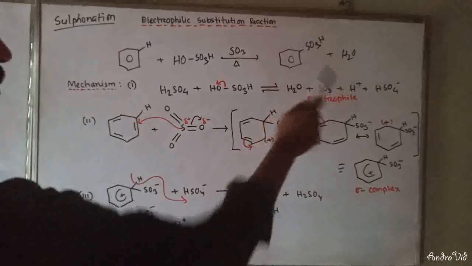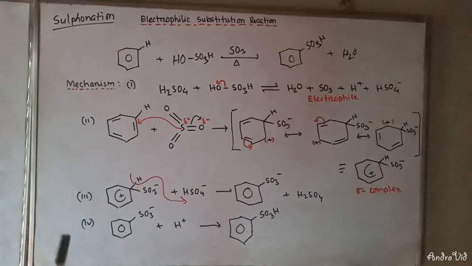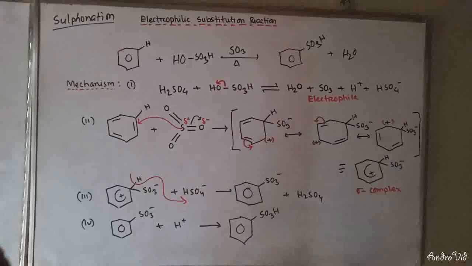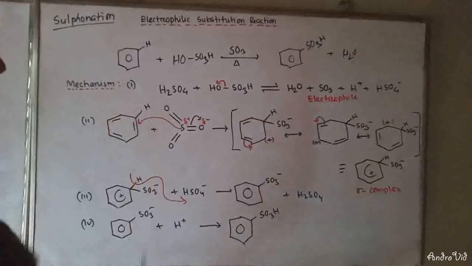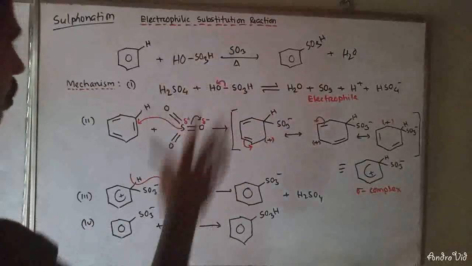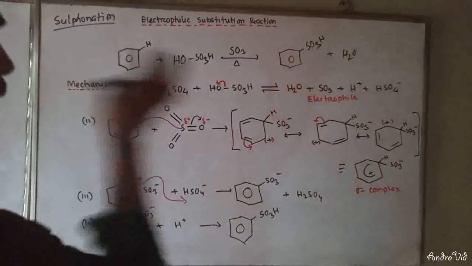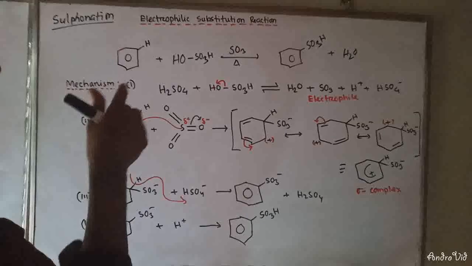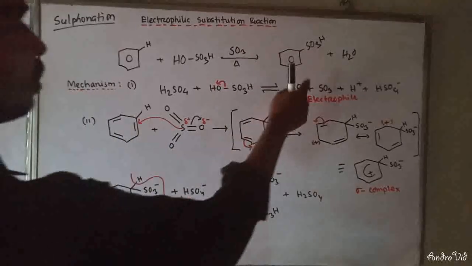To produce sulfur trioxide, the mechanism is like this. Take two sulfuric acid molecules. Due to electronegativity, one bond will be broken giving HSO4 minus, and a proton should also be eliminated from this compound. Then the proton and the hydroxide should be connected with each other and form a water molecule.